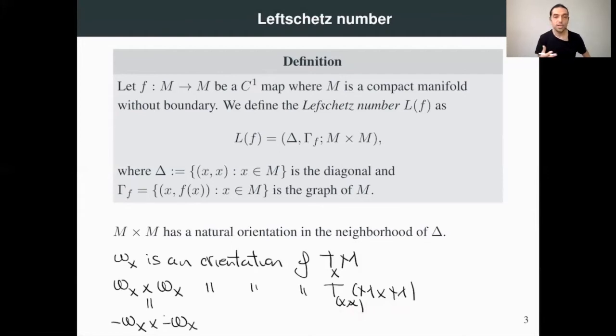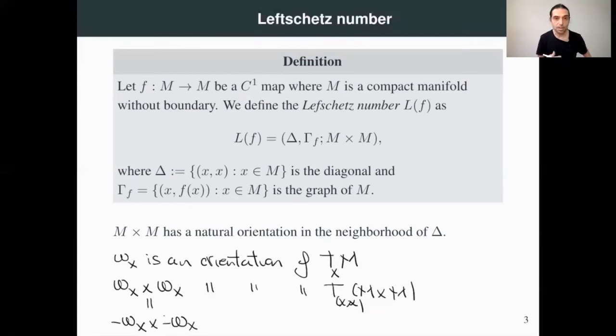So we are in a situation analogous to the one we have for the tangent bundle. When we have a manifold M, the tangent bundle is not necessarily orientable because M is not necessarily orientable. But the total space of the tangent bundle, the tangent manifold, is always orientable. The situation is very similar to this one.